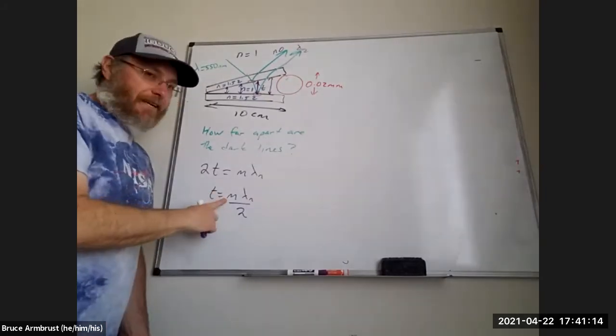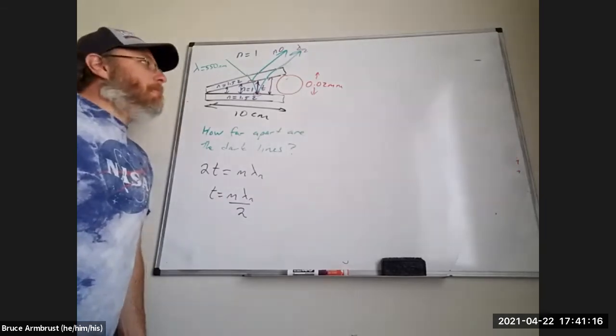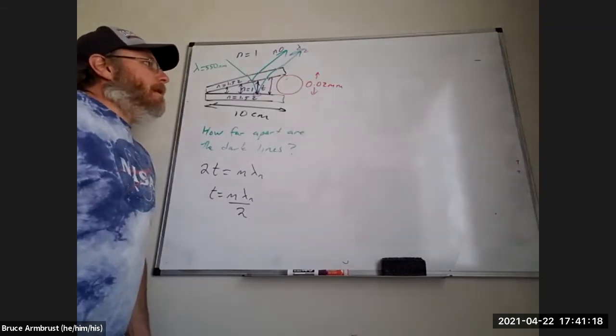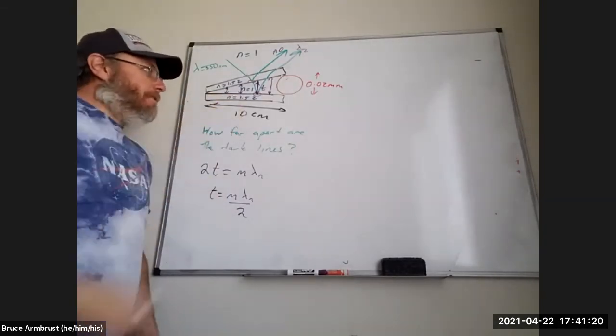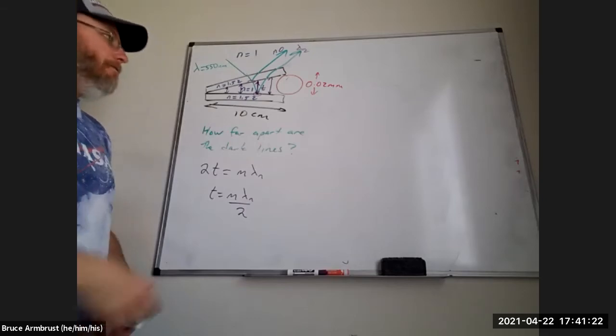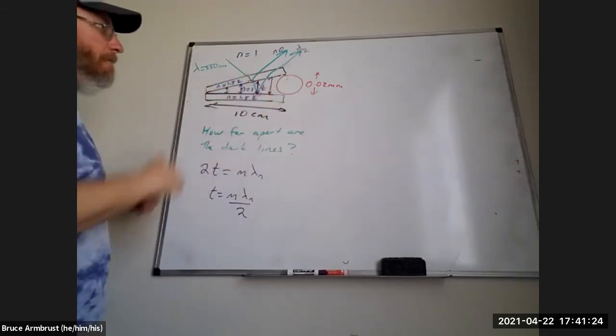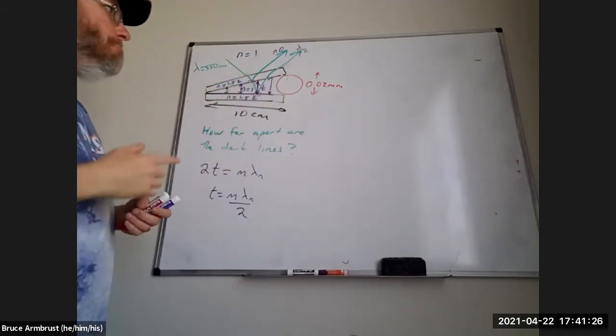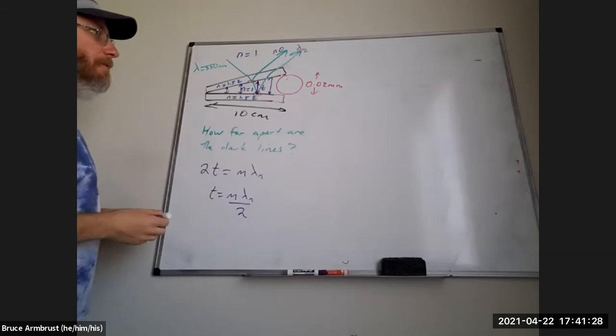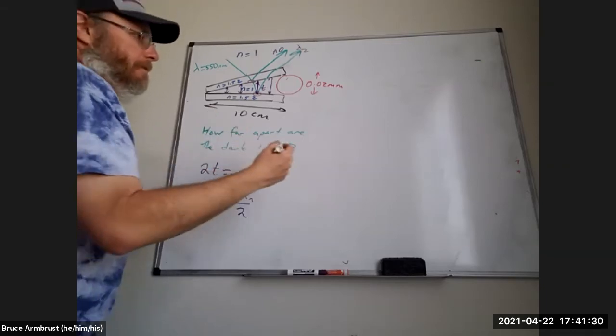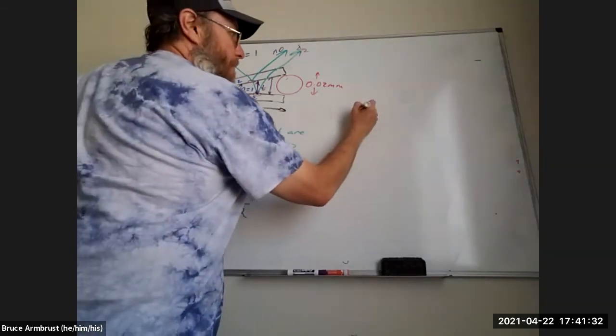Those are for the different m's, right? But basically, I'm going to need to know what our horizontal separation is. So here's what we're going to do. I'm going to draw another picture here, just because we're getting a little bit cluttered.